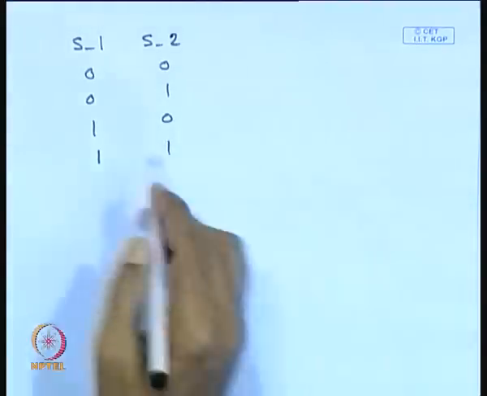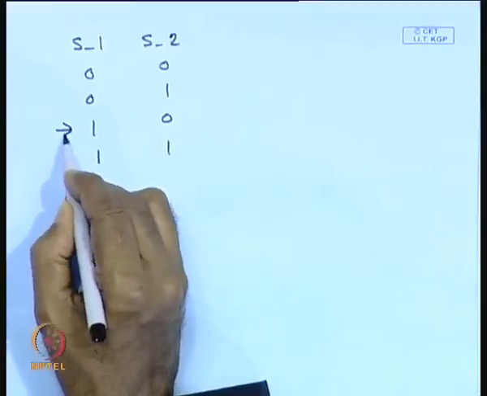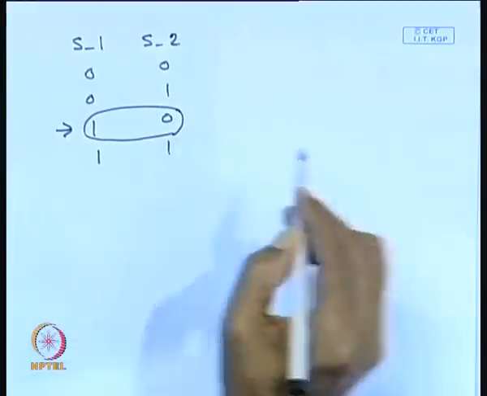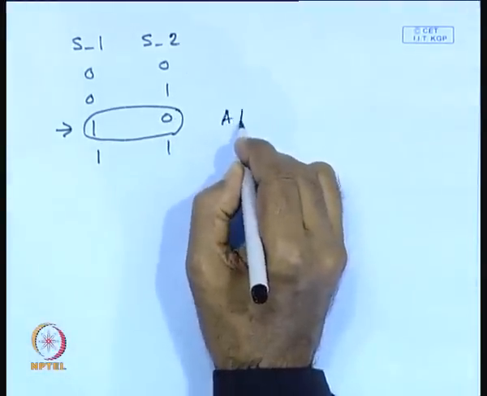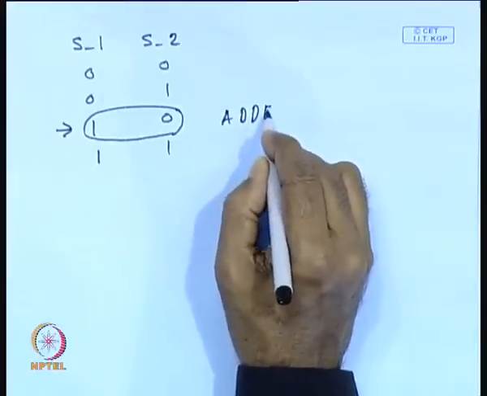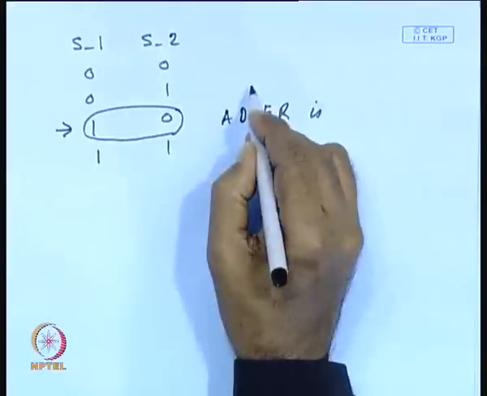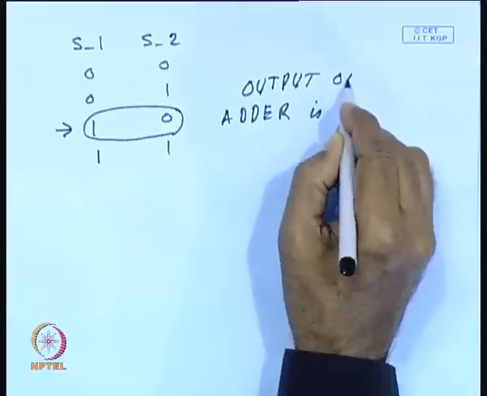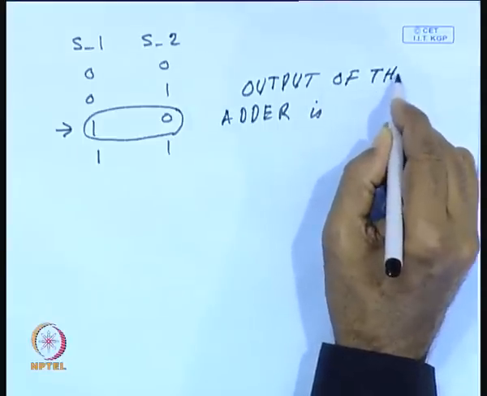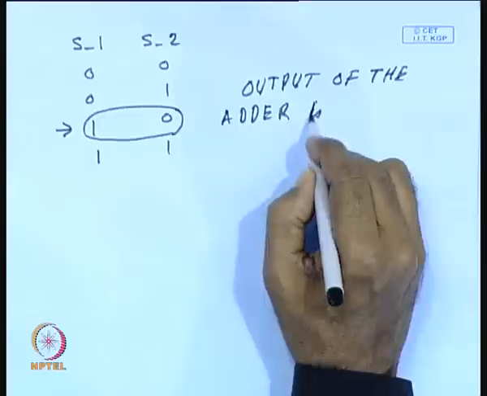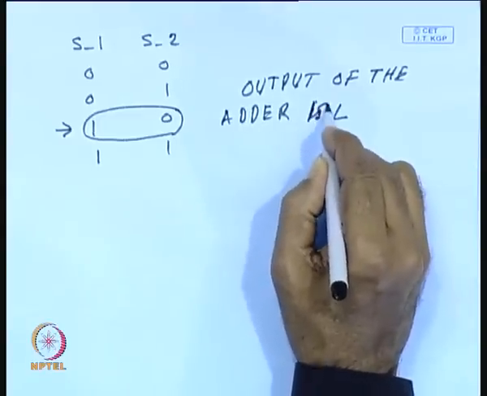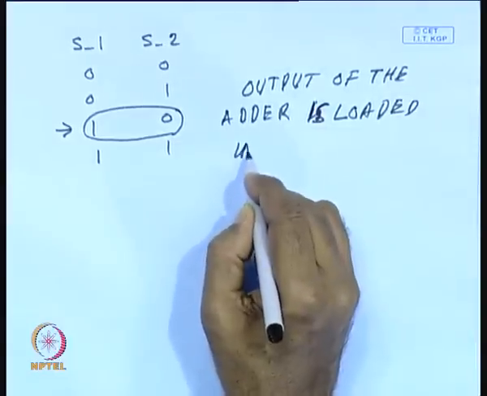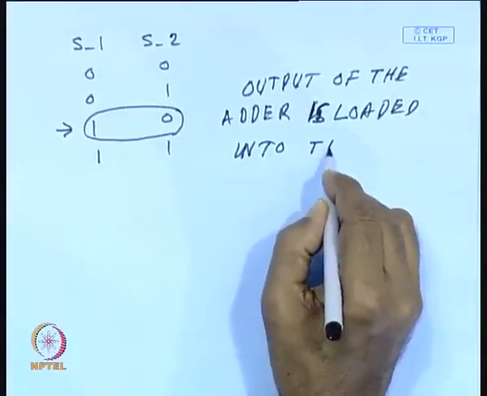Now, we find that only when S1 is 1 and S2 is 0, during this condition, the output of the adder is loaded into the register.